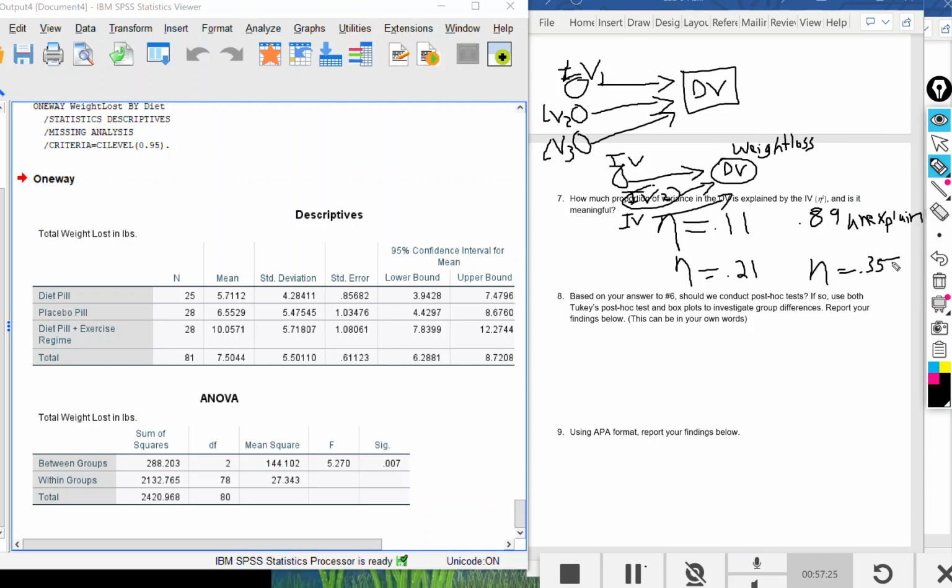And so the amount of influence that this IV has on the DV is 0.11. Based on the scale that we see here, 0.01 is a small effect size, 0.06 is a medium effect size, and 0.14 is a large effect size.